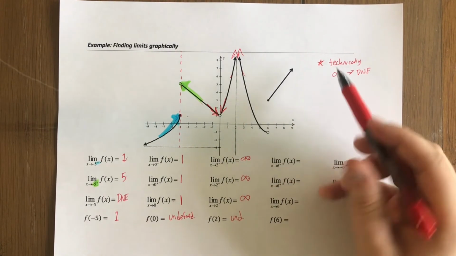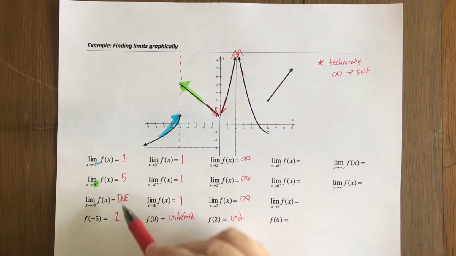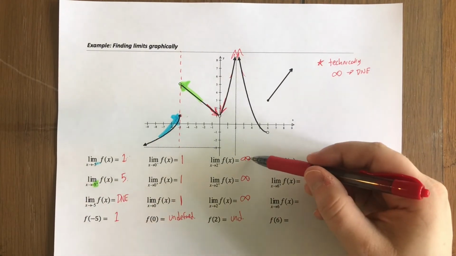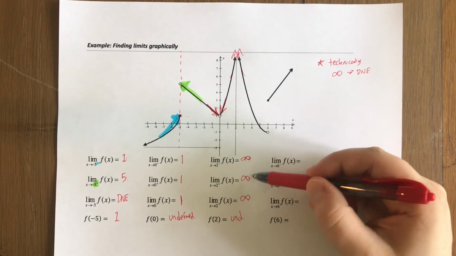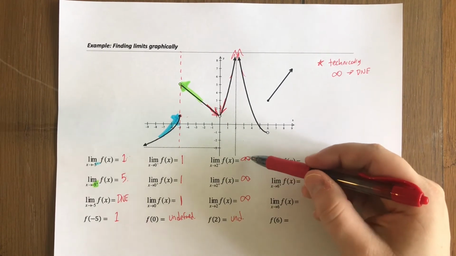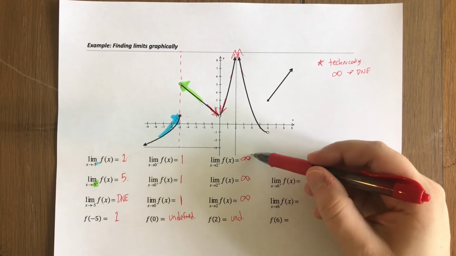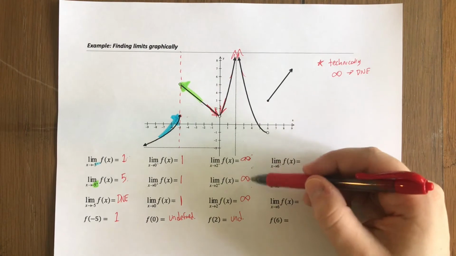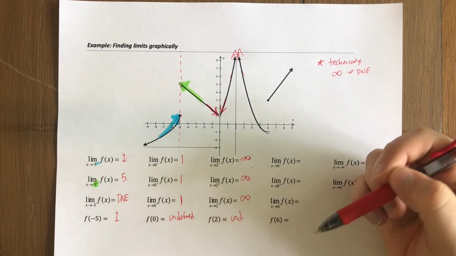But it's very useful for us to know that it's not just that it doesn't exist because the left and the right side are different, and that it doesn't exist because it's infinity. So basically all math people kind of came to this agreement that even though it doesn't exist technically, it's much more useful for us to just write infinity or negative infinity when we have a limit doing that. And we'll focus more on that in the next lesson.